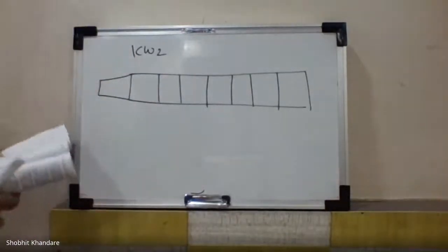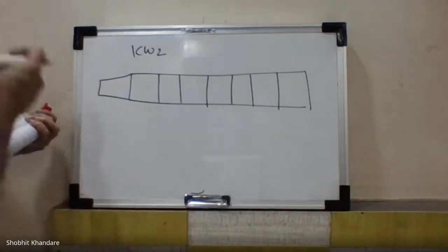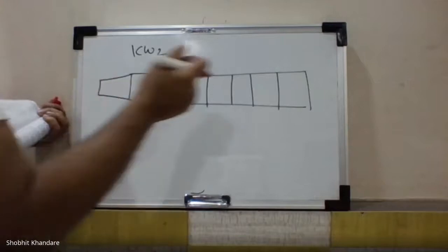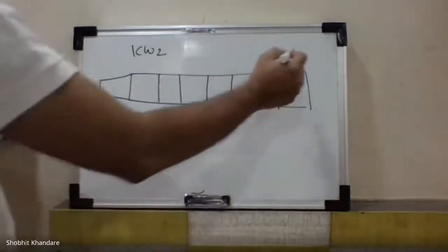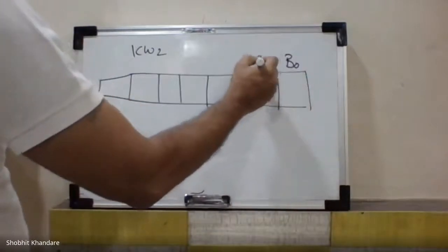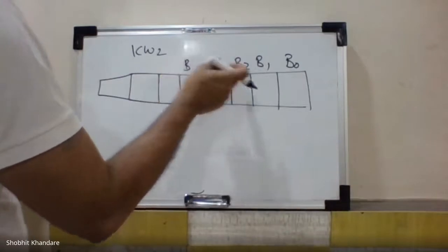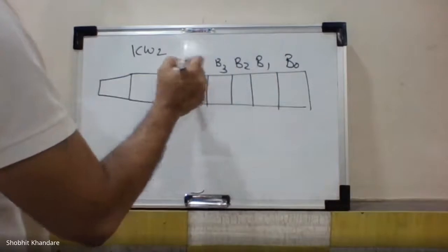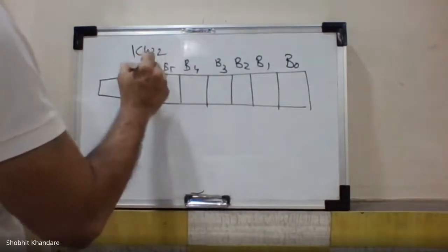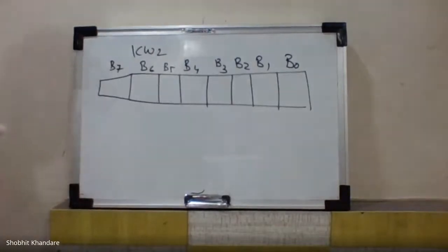So ICW का फॉर्मेट, this is again, if you want you can just write down, this is again B0, B1, B2. So B are used nothing but bits. Okay, B0 bit, B1 bit, B2, B3, B4, this is B5, this is B6 and this is B7. Okay, so ये हो गया the bit numbers.